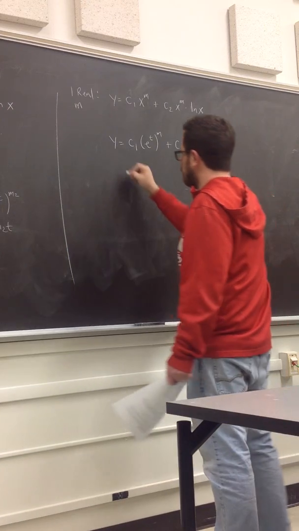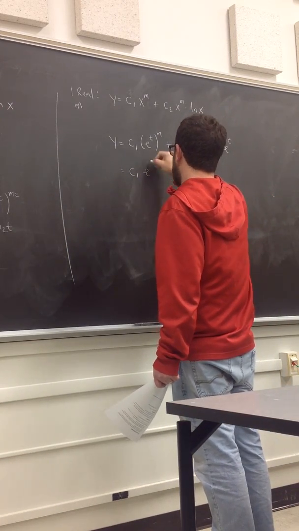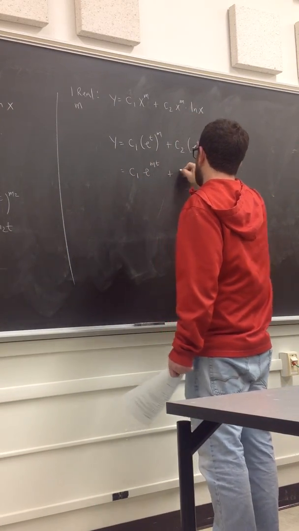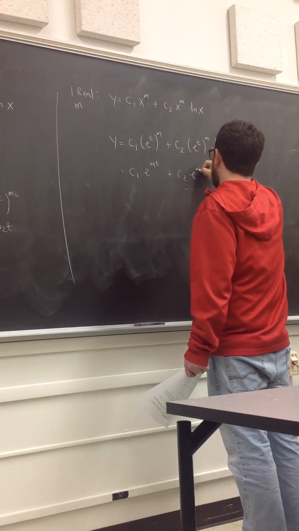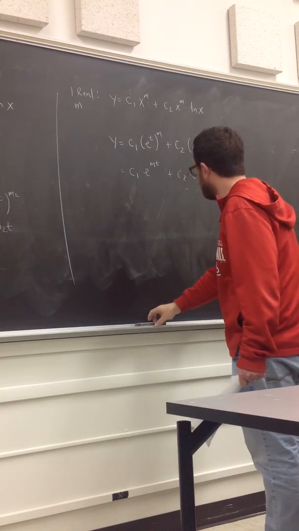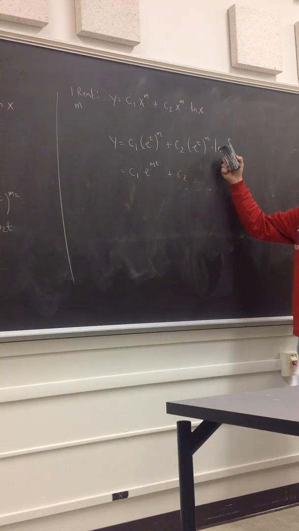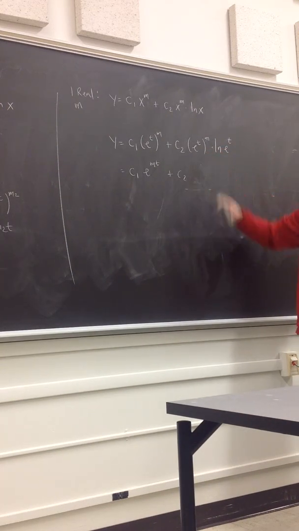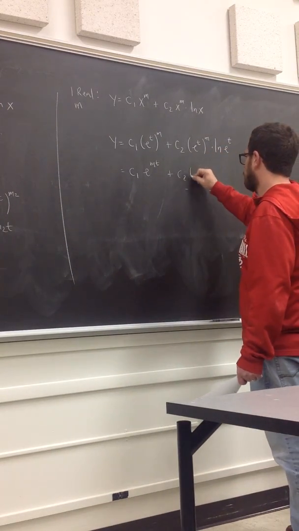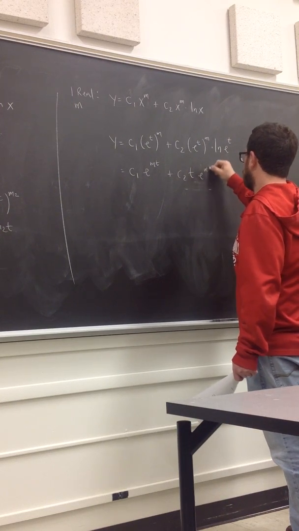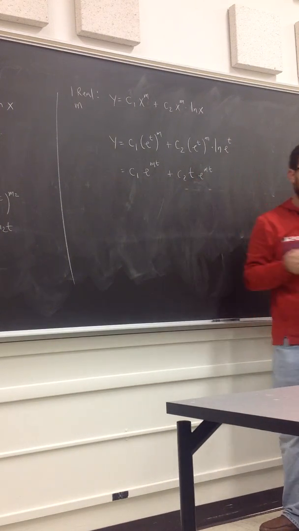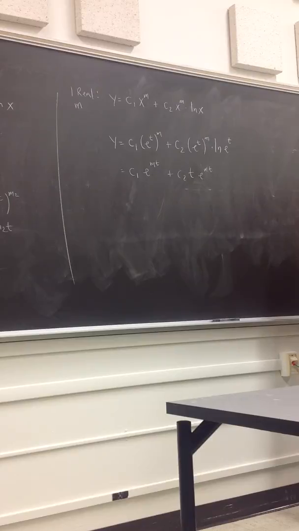Okay, so again, this is C1 e to the mt, C2 e to the mt. Oh, right, this one. This is t, right? Times e to the mt. Okay, same type of solution that you would find if you had a repeated solution of the auxiliary equation when you have the constant coefficient differential equation.